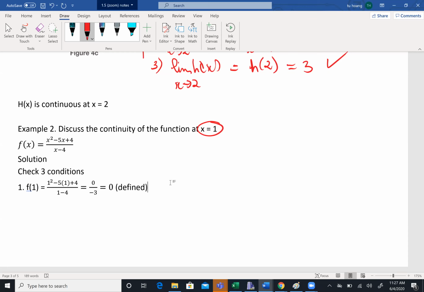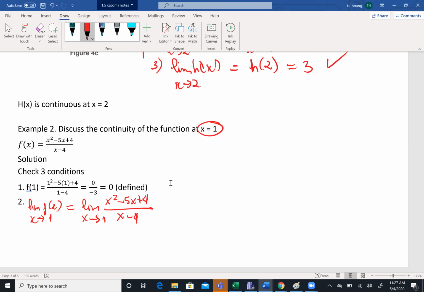It's still defined. Okay, and let's move to check condition number 2. Condition number 2, I still have to check the limit of f(x) when x goes to 1. So I'm going to have the limit of x squared minus 5x plus 4 over x minus 4 as x goes to 1.